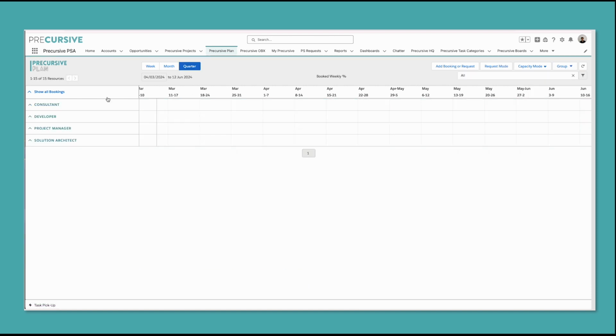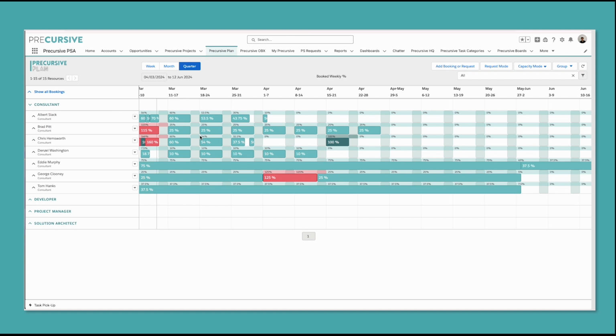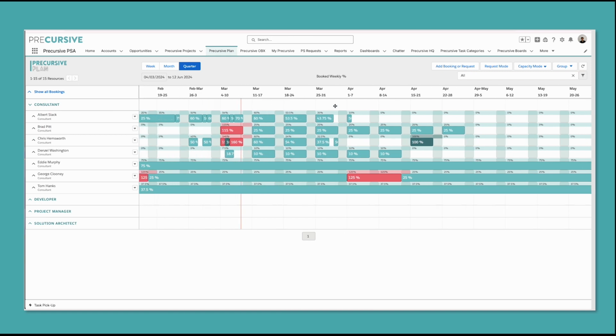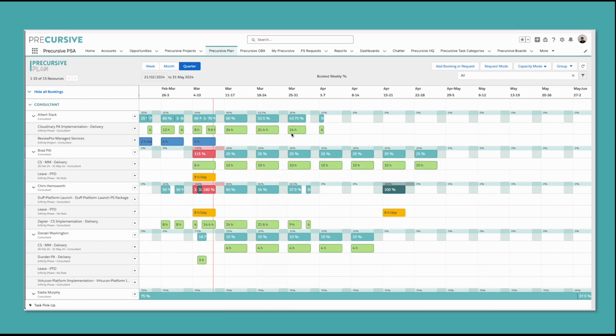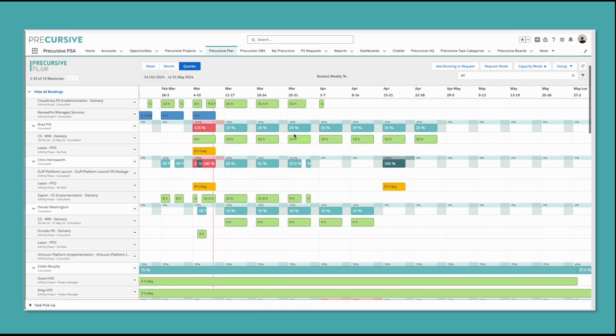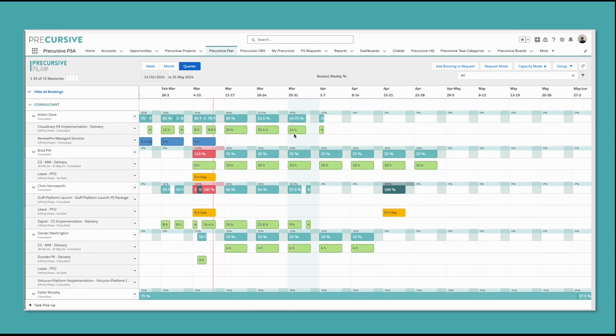So for example, if we want to look at those consultants, this is what they're working on at the moment in terms of their bookings. Underneath we've got what projects they're working on and the amount of effort associated with that work. The color coding differentiates between, in this example, some delivery work versus maybe managed services. And you can see here we've also got some PTO.